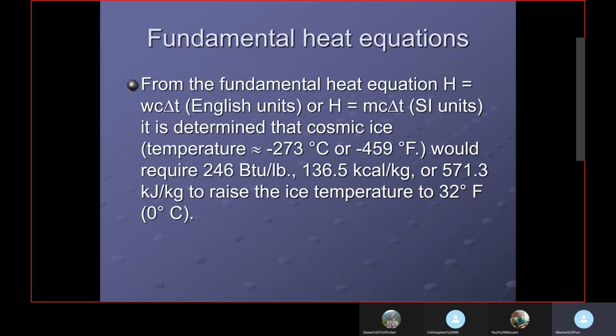From the fundamental heat equation, H equals WC delta T in English units, or H equals MC delta T in standard SI units, it is determined that cosmic ice at a temperature of minus 273 degrees Celsius, or approximately minus 459 degrees Fahrenheit, would require 246 BTU per pound, or 136.5 kilocalories per kilogram, or 591.3 kilojoules per kilogram to raise the ice temperature to 30 degrees Fahrenheit.